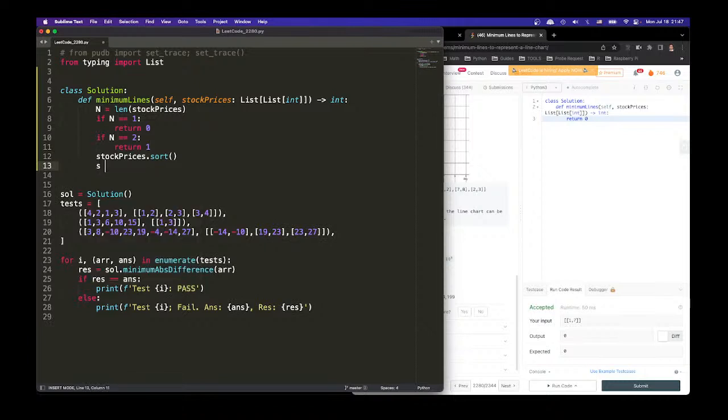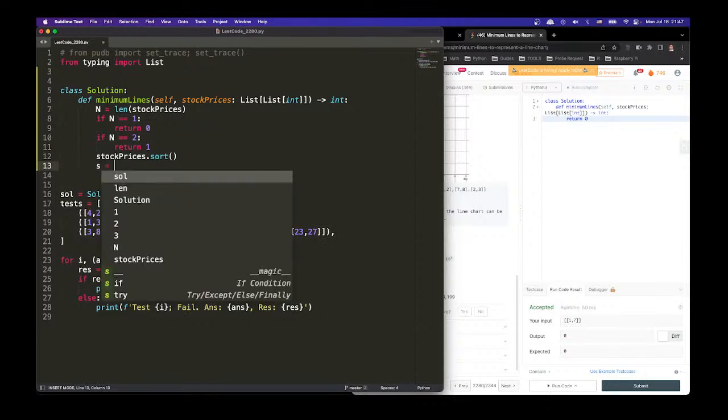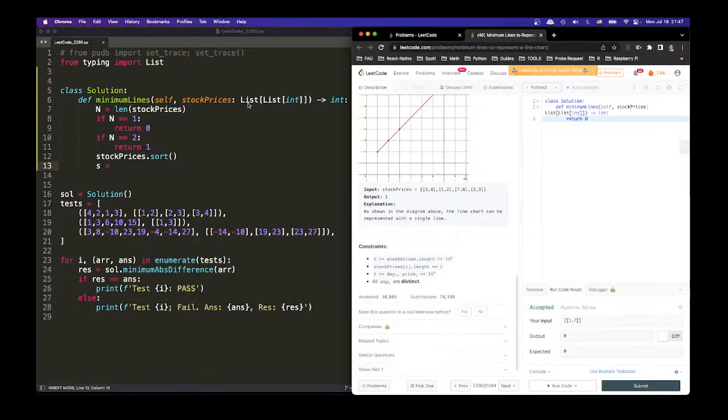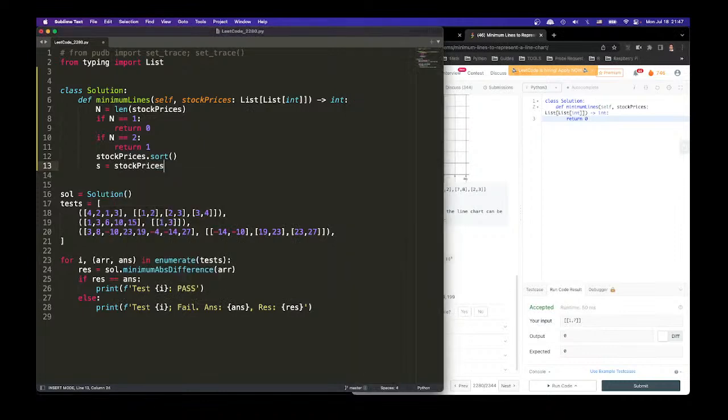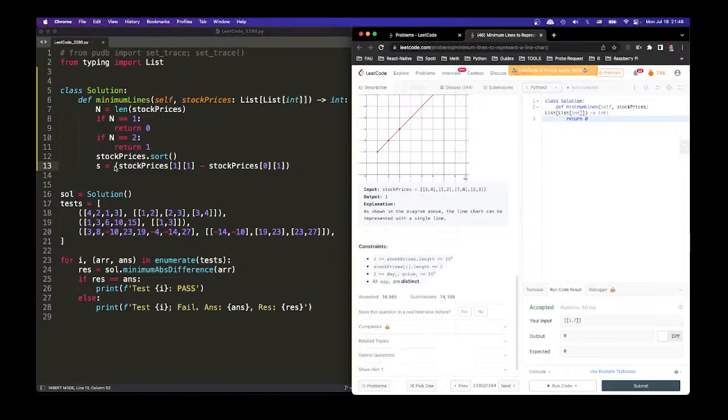Okay, now it's sorted, and I'll say s is equal to the price, the second one. So we say stock prices 1, 1 minus stock prices 0, 1. So that is, oh, shoot. Alright, so we can cheat here.